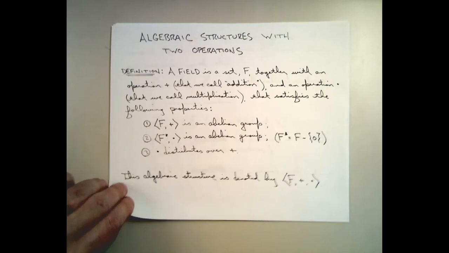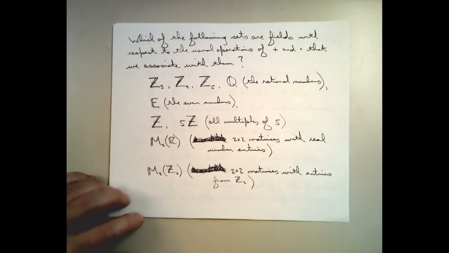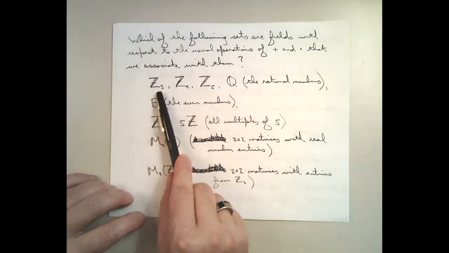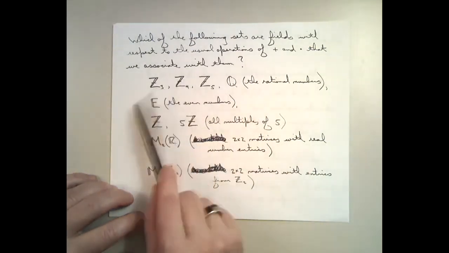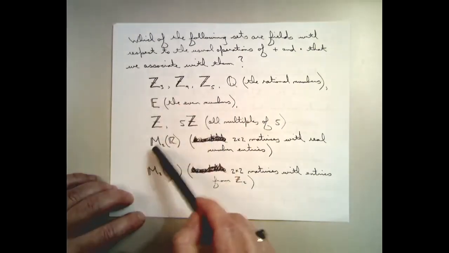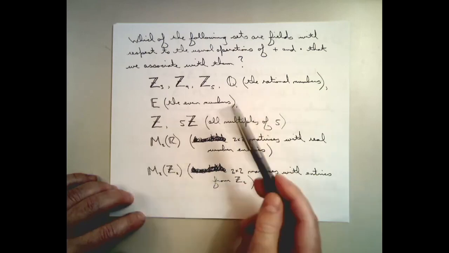So I've got some examples here of a lot of familiar sets, ones that you already have a notion of both addition and multiplication on. Right? We can talk about, for instance, Z3 together with addition mod 3 and multiplication mod 3. Similarly, Z4 and Z5. Q is the set of rational numbers, right?